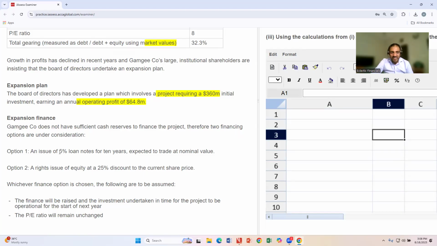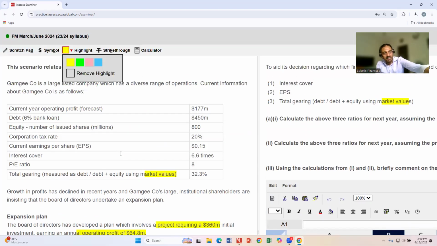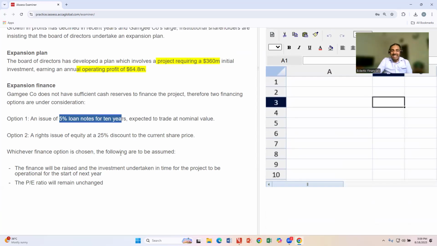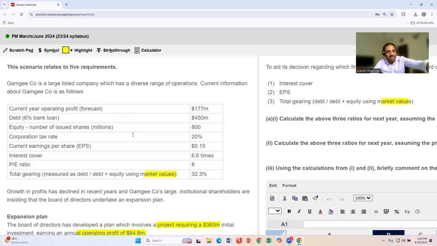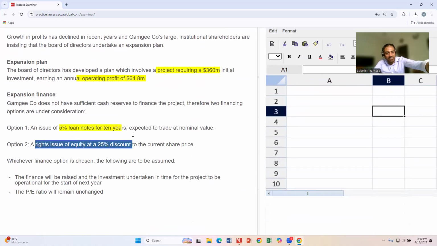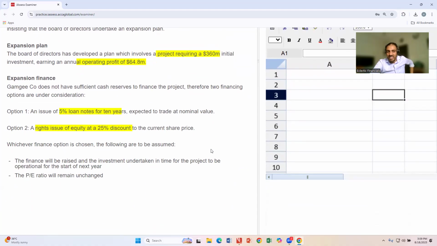Option 1: 5% loan notes for 10 years, expected to trade at nominal value. Option 2: rights issue of equity shares at a 25% discount to the current share price.